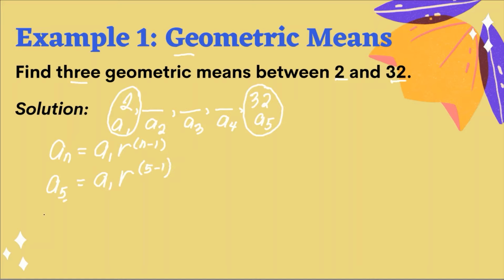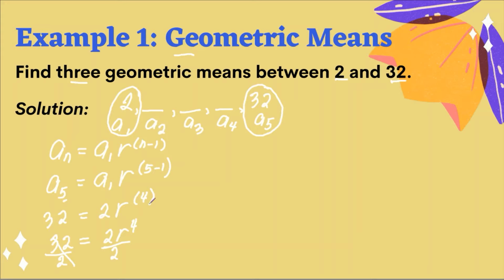And a sub 5 is 32, a sub 1 is 2, and 5 minus 1 is 4. So 32 is equal to 2r to the 4th. Now we have to get rid of 2 here because we only need r, right? So divide both sides by 2.